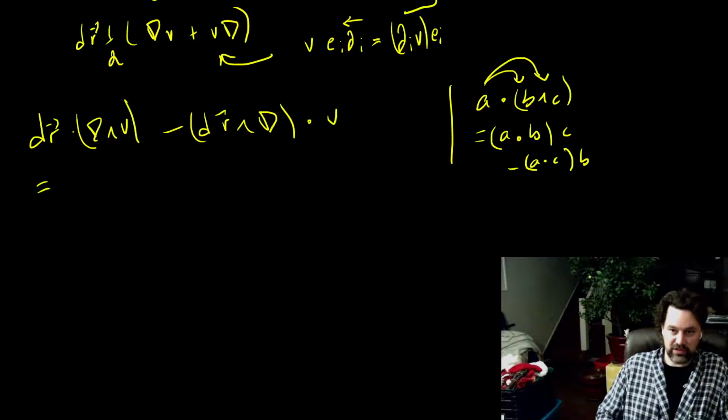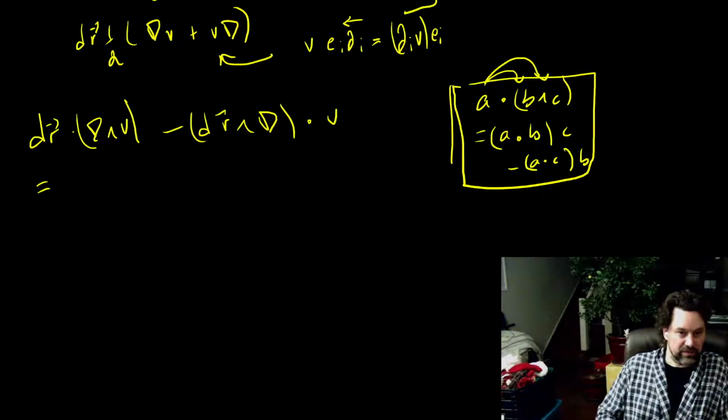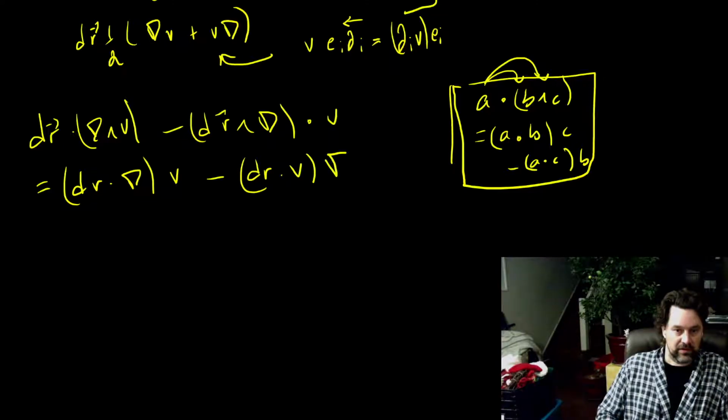We use this identity, and we can rewrite this all out as dr dot grad v minus dr dot v grad, and here grad operates on v to the left. Here grad operates on v to the right.